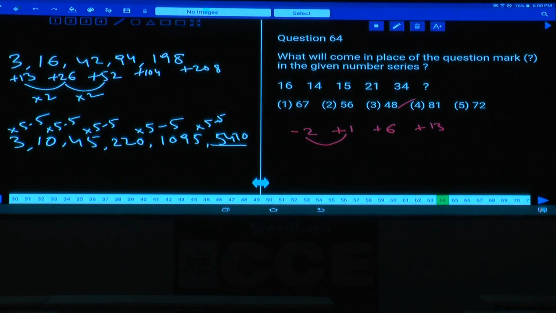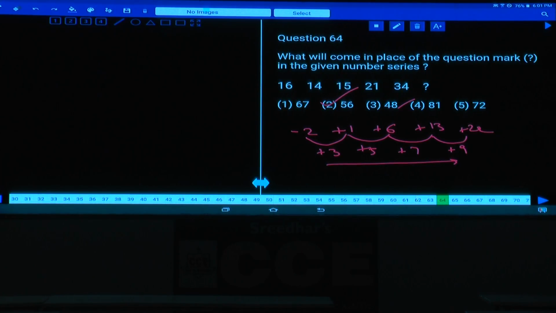Here the difference is plus 3, and 1 and 6, the difference is 5, and 6 and 7, next one is 7, 3, 5, 7, and the next difference must be either 9 or 11. If you take 9, 13 plus 9, 22, 34 plus 22 is 56, and 56, that is given in choice 2. The difference of differences are what? 3, 5, 7, 9, odd numbers are added. And this is about question number 64.